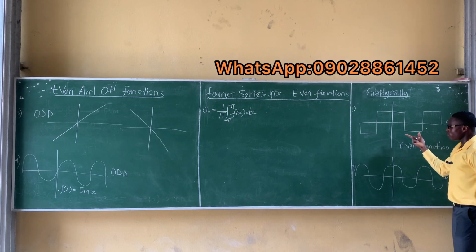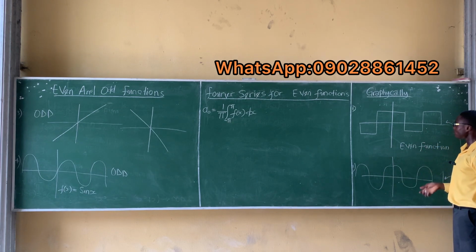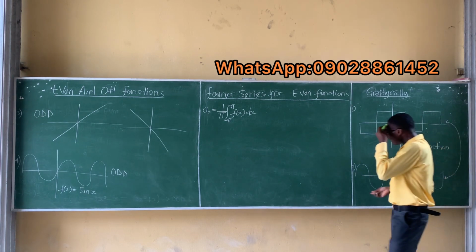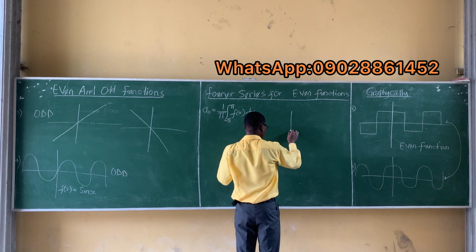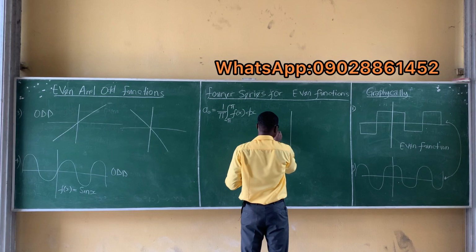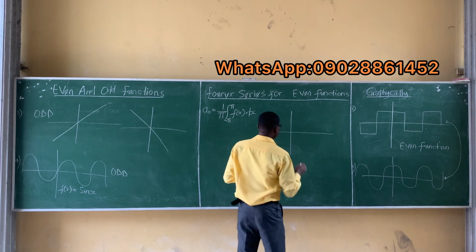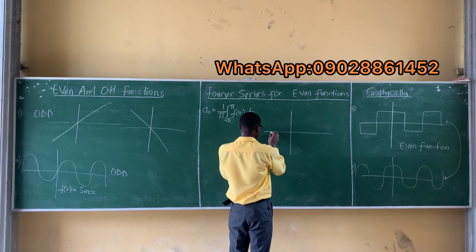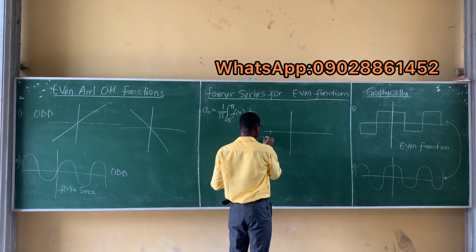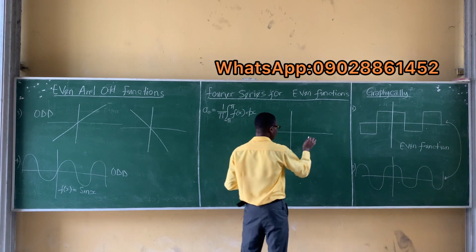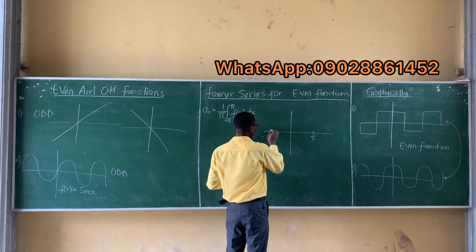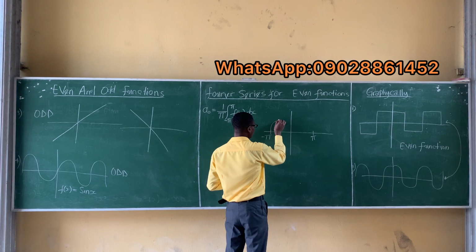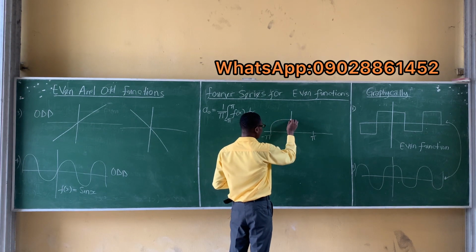Now, if this is the even function, I would like to draw this again. Let's say we have here minus pi, and here pi, and let's assume we have something of this nature, and we have another.